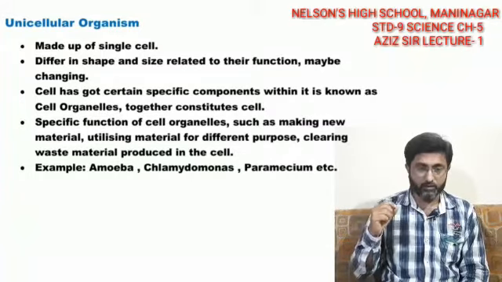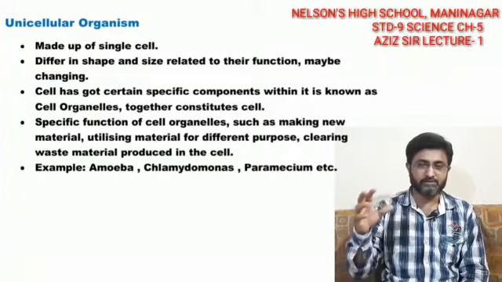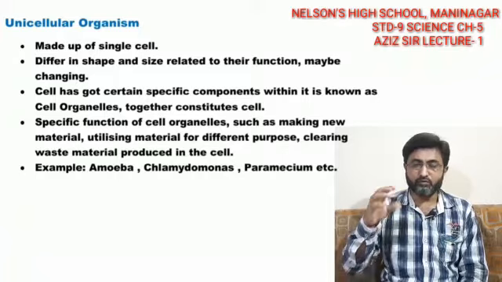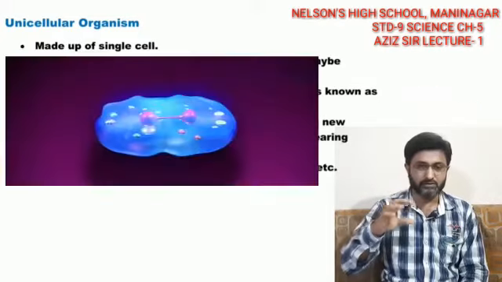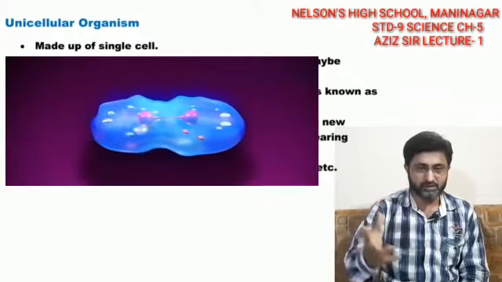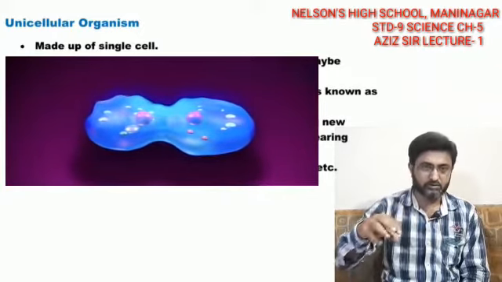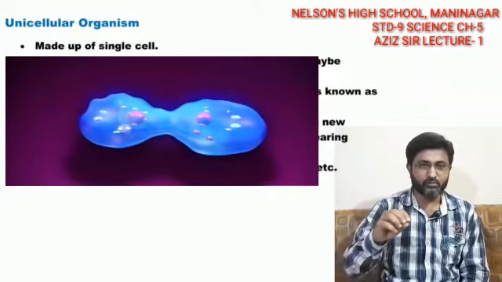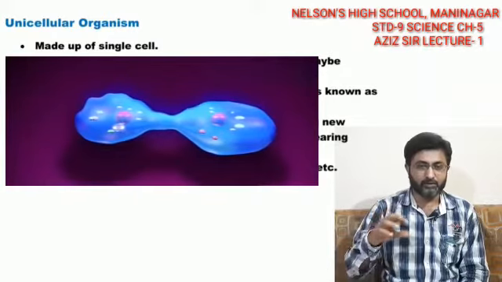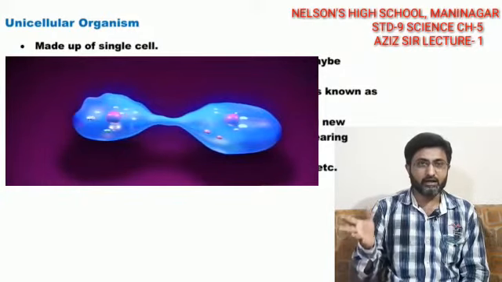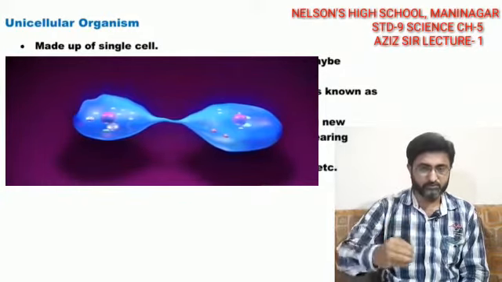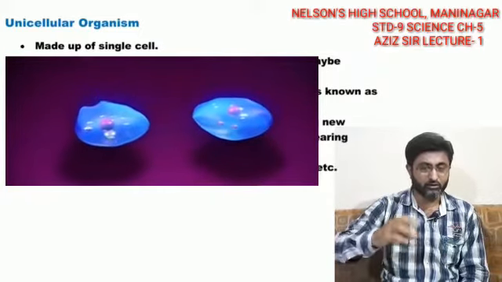Now about their functions, they have a few functions to perform. The first function is to form new substances. These organelles combine to form new material. Now after forming the new material, they make it function.